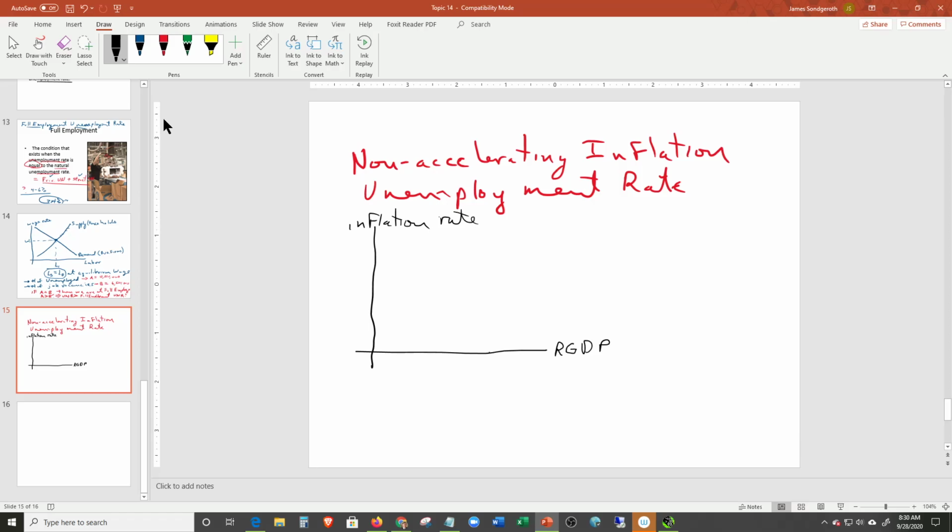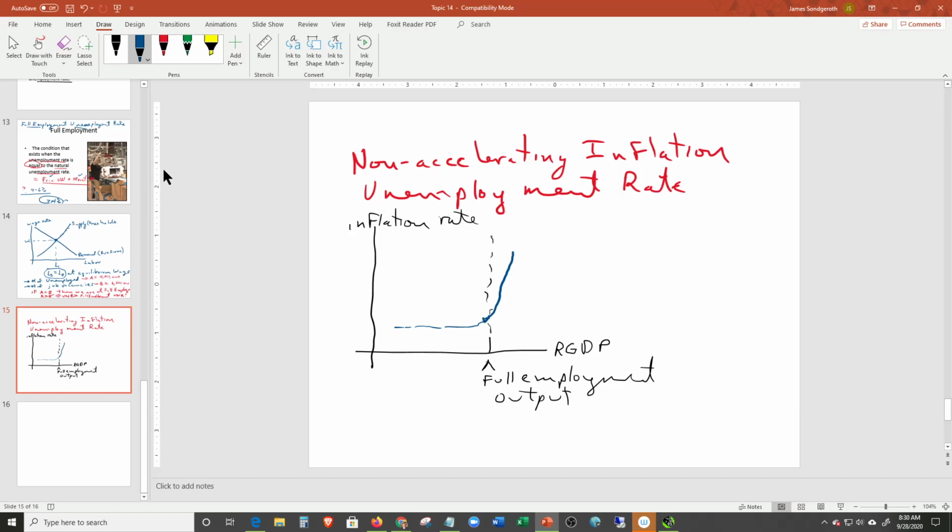And maybe I'll draw a dashed line here. This is full employment output. So the idea is as the economy grows and employment approaches full employment, prices will start to rise. And after it reaches full employment, the inflation rate will really accelerate.